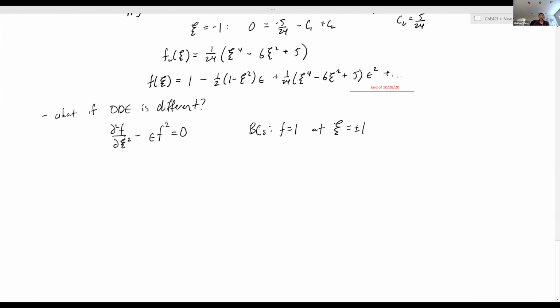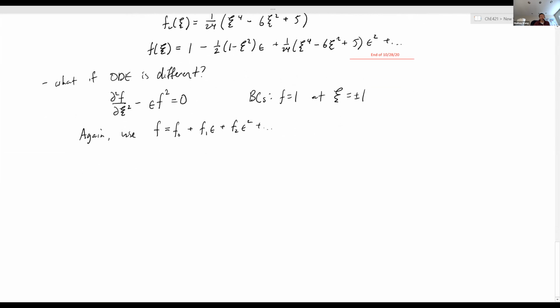Instead, if we still have our case where epsilon is much, much less than 1, then we can do regular perturbation. So again, just to jog your memory, we'll use this general solution based on sort of like a Taylor expansion. Like that, right? And we'll just go ahead and plug that in. And just like before, we plug it in and we match different powers of epsilon, right?